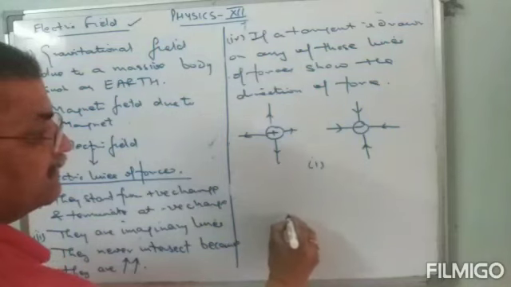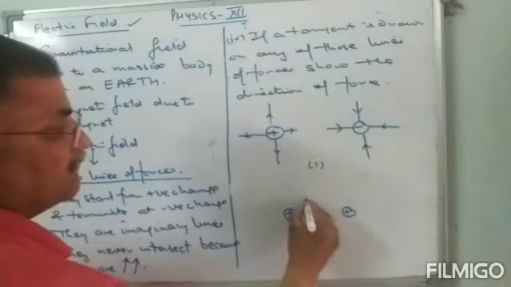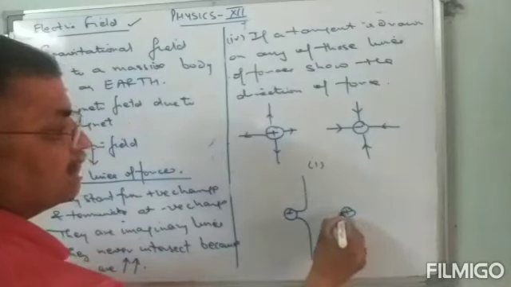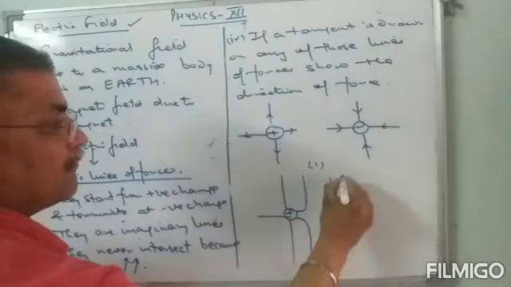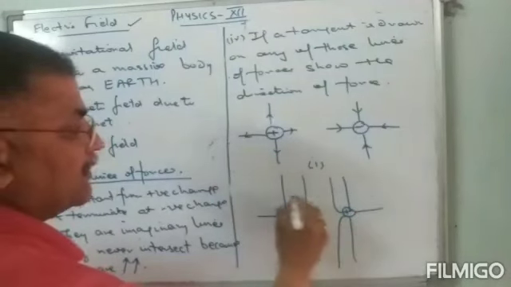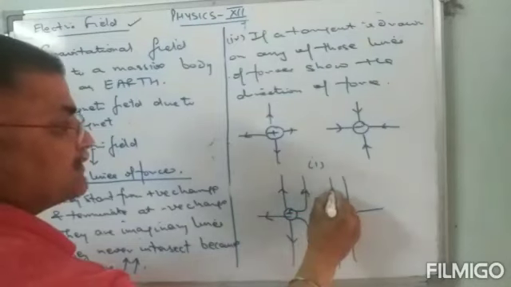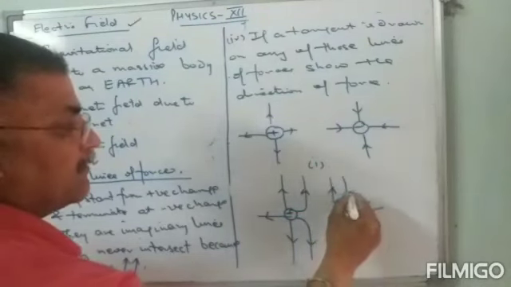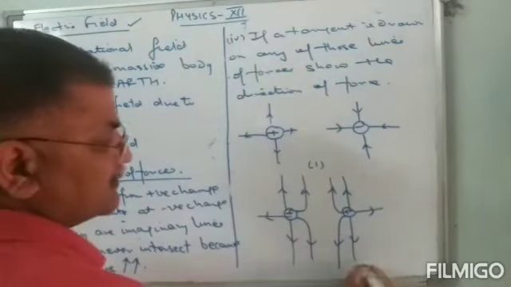Second diagram, if two positive charges are placed very close to each other, lines of force will go outward. You can see they are repelling.